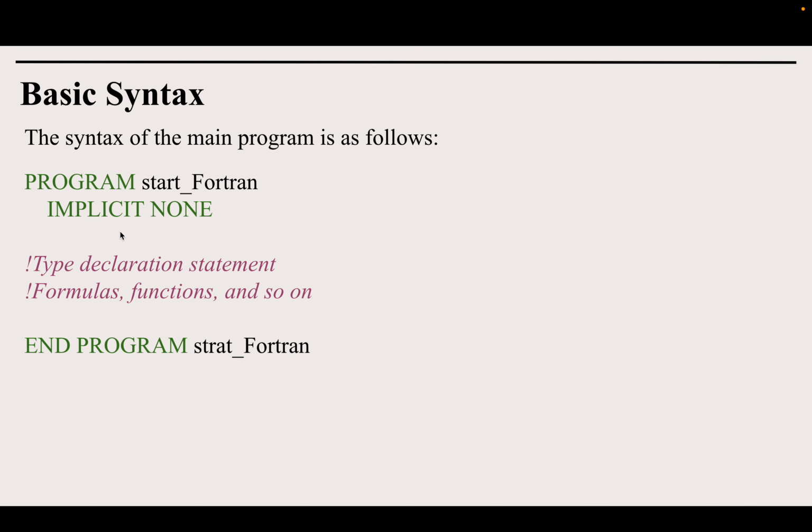So this is how the format of a basic Fortran code looks, and inside this we can type many different things, anything we want to do, in between this section.